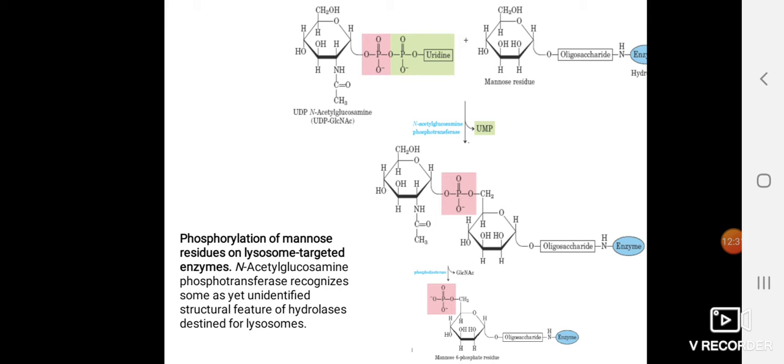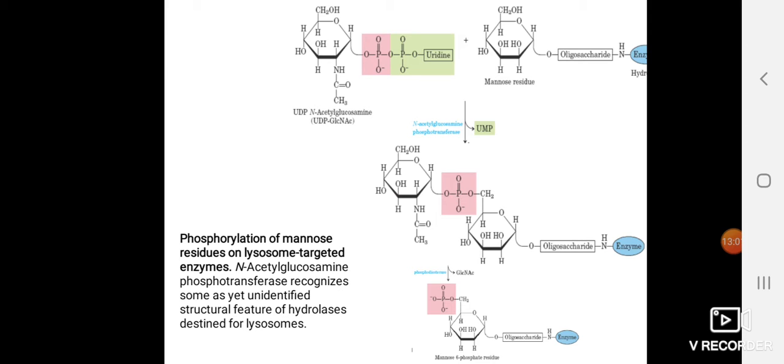This enzyme is going to take UDP N-acetyl glucosamine as a substrate, and it will transfer N-acetyl glucosamine phosphate to the sixth position of the mannose and gives out the nucleotide UMP.